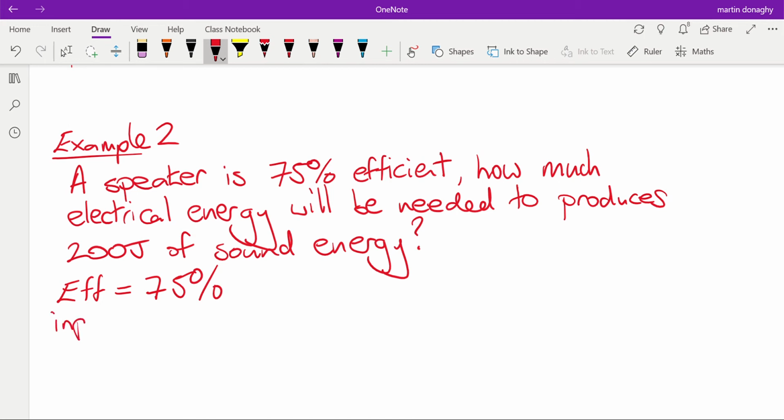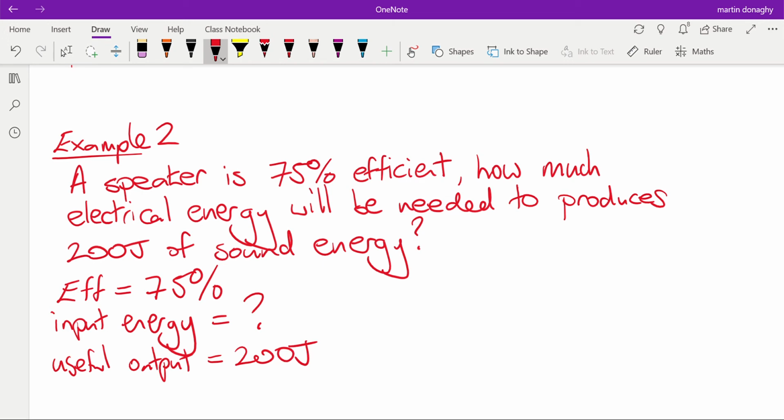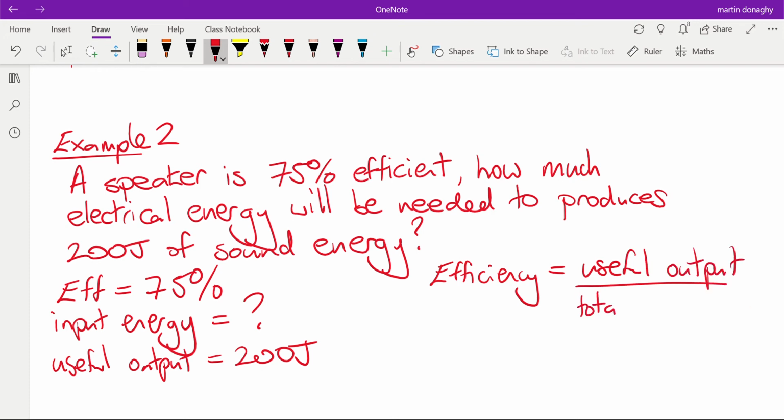So it's looking for the input energy, which is what we're looking for, and the useful output is equal to 200 joules. And then we just put in our equation. So efficiency equals the useful output over the total input.